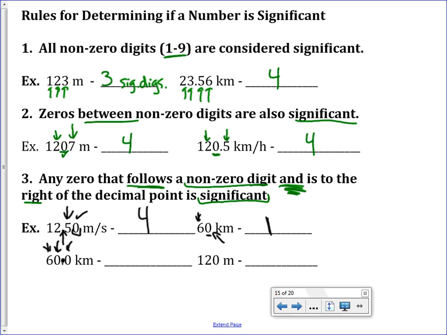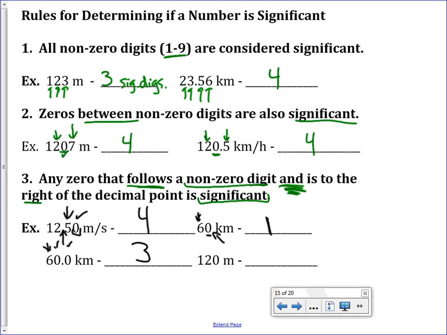Because we have a decimal place in here, both of these zeros are going to be counted as significant. So both of these guys will count. So when we count the number of significant digits in that number 60.0, we have a total of 3 significant digits.